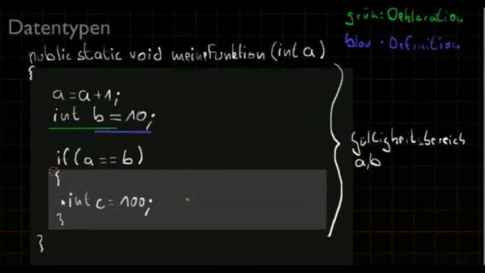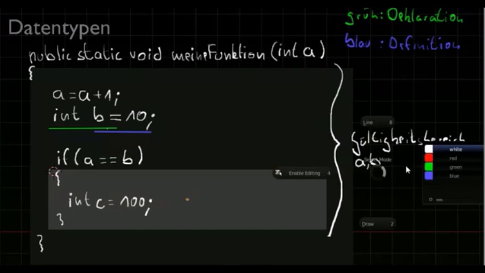And as soon as the body of this if condition is left, for example down here, I am able to use A and B, but I can't use C anymore, because variables are only valid in the area in which they have been declared.